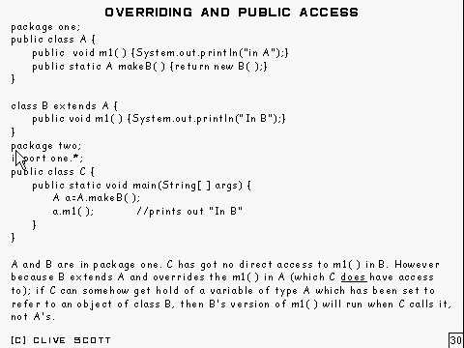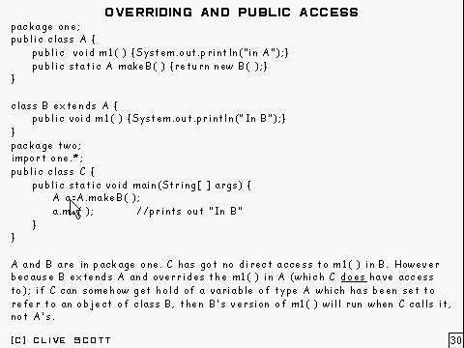So that's got to be public. Now if we come to this second package, package 2 down here, there's no direct access to M1 from package 2, nor is there any access to class B. However, there is access to A, and of course a variable of type A can point, or refer I should say, to an object of class B. There's no problem with that.